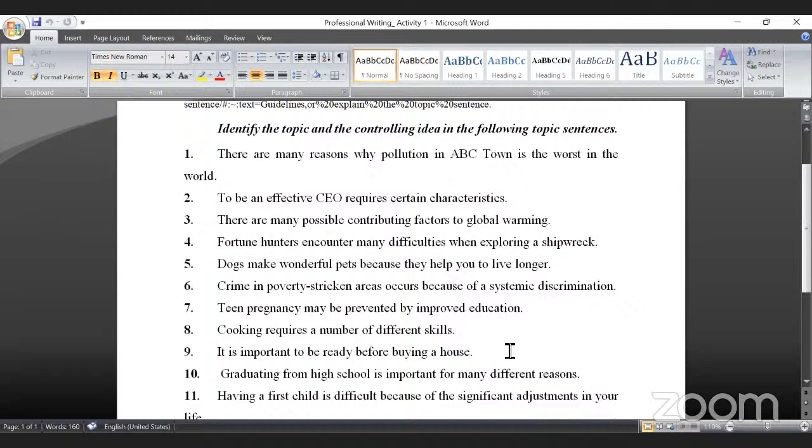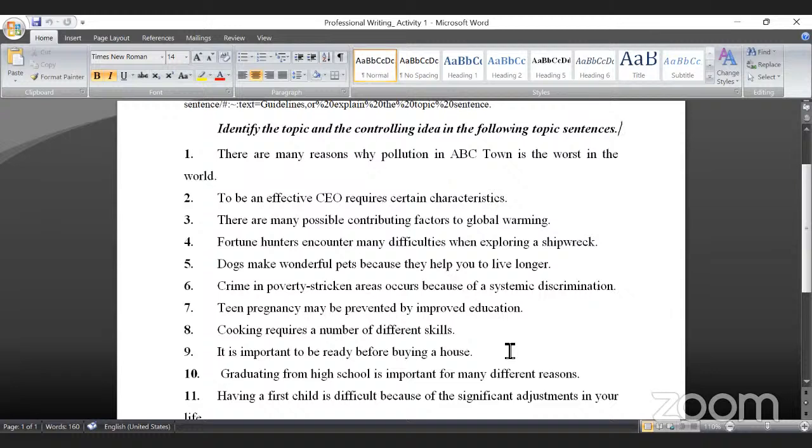Now, 7th one, teen pregnancy may be prevented by improved education. What's your topic? Teen pregnancy. No, topic is what? It's not just teen pregnancy. The topic is teen pregnancy may be prevented. That's your topic. Okay. How? Through improved education. So this is a how paragraph. It's again going to give you elaboration on how this can be done.